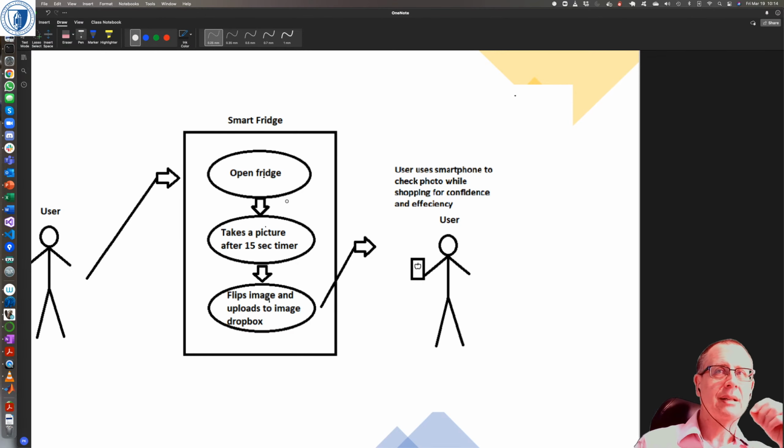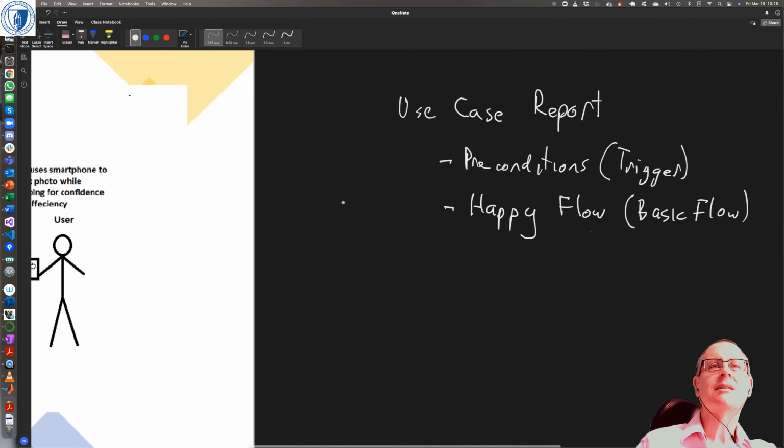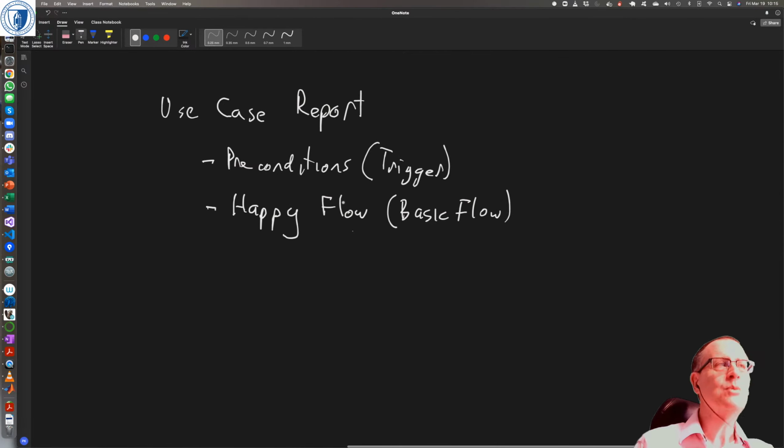It might be track new fridge deposit, is that the right word? Track fridge contents, maybe, right? So that's a sequence of steps that the particular use case does.